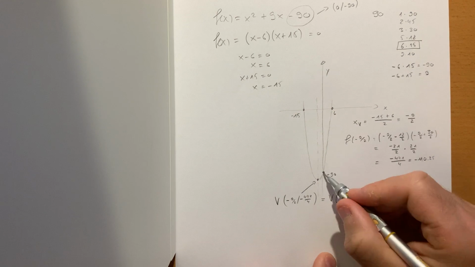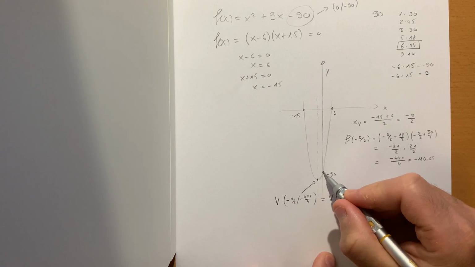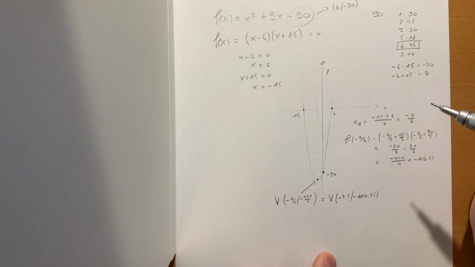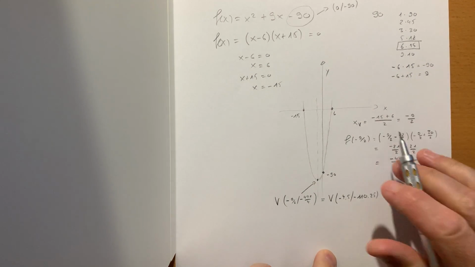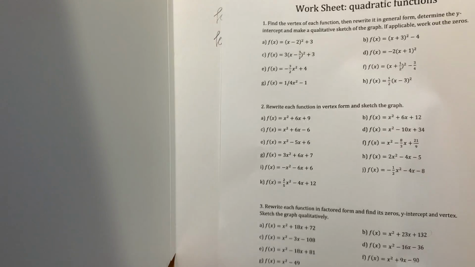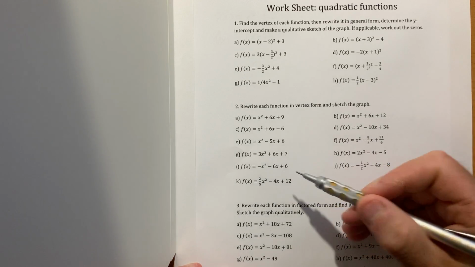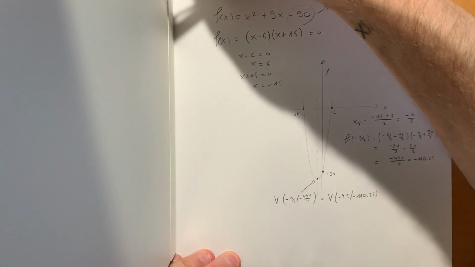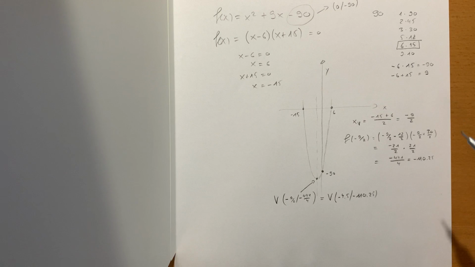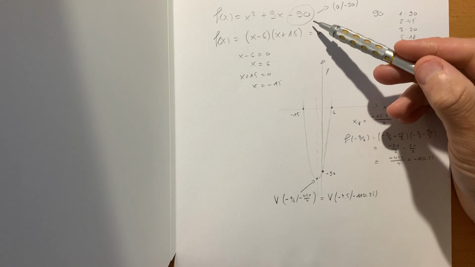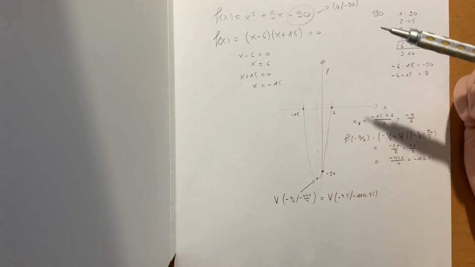So now you have 4 pieces of information. You know the zeros, you know the y-intercept and the vertex, and you get a pretty good idea of your graph. Now look, this one you could also have done with the completing the square method. This one here worked quite well, but it doesn't have to be like this. It could be more complicated.